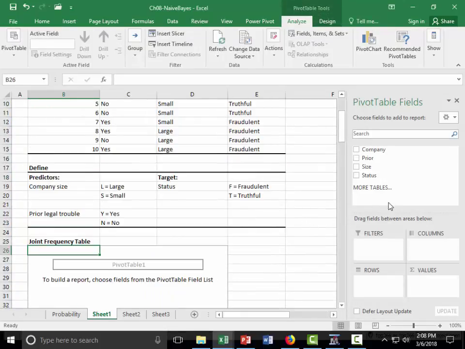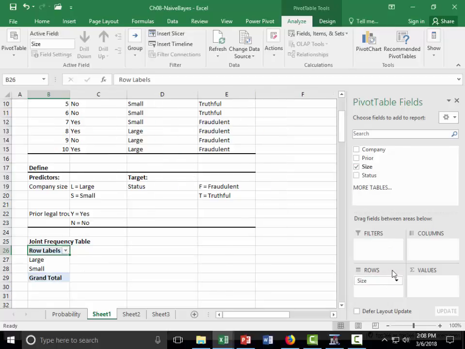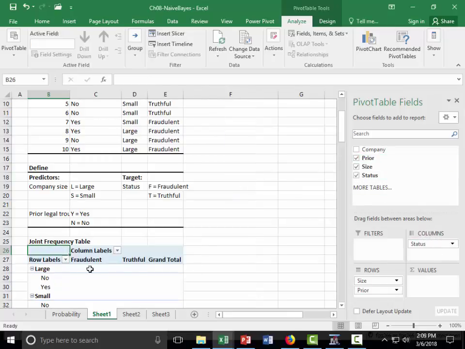We're going to have size, then prior trouble, and status, fraudulent or truthful, as columns.